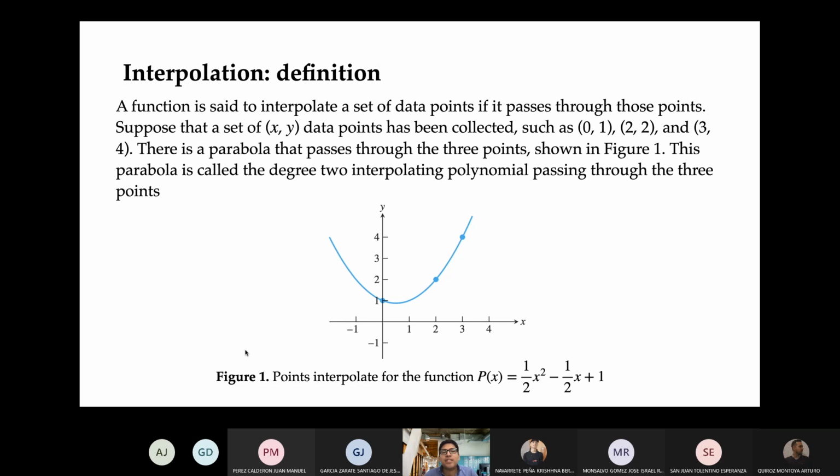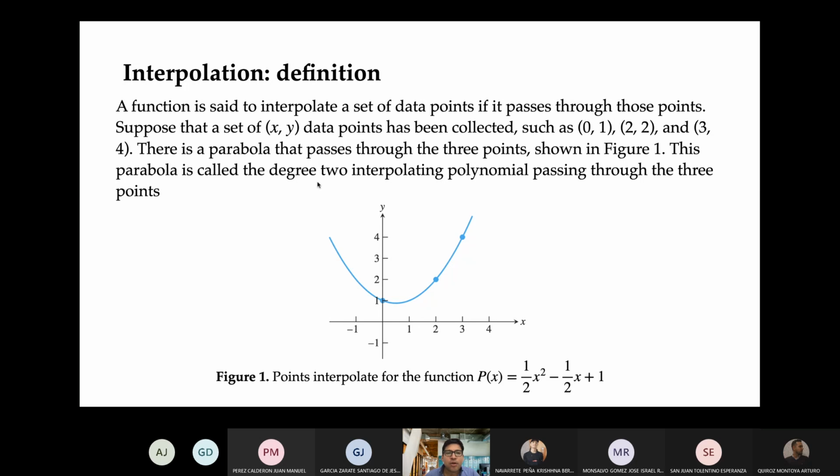So a function is to interpolate a set of data points. The data points, of course, are these points: this one, and this one, such as (1, 2), (2, 2), and then (3, 4). So of course there is a parabola that passes through the 3 points, as seen in this picture.